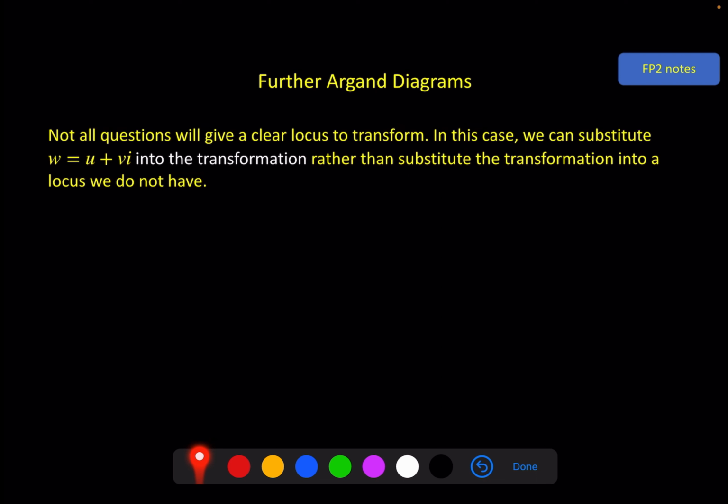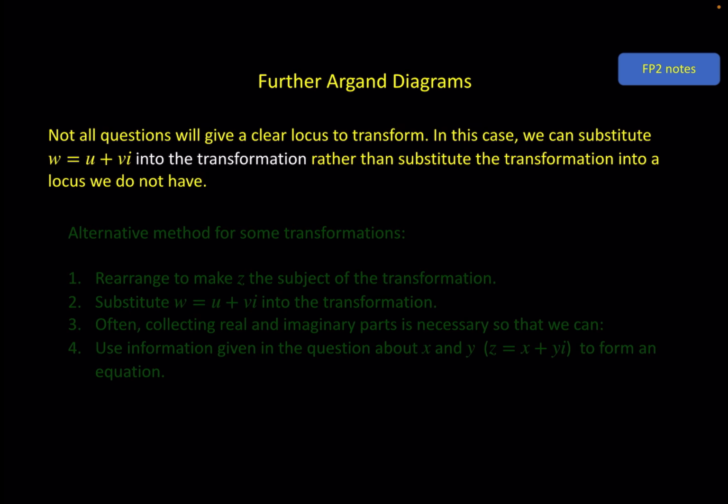But what I mean here is that you might not have enough information to make a locus, in which case we have to approach it slightly differently, but we can still do it. We can substitute w equals u plus vi not into the locus we found, like we did in the previous example, but into the transformation itself. Only do this if you don't have a locus to substitute it into.